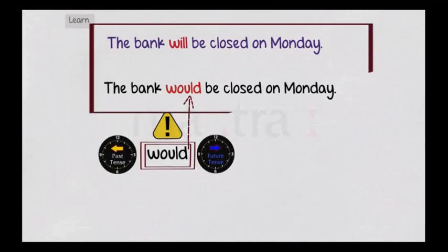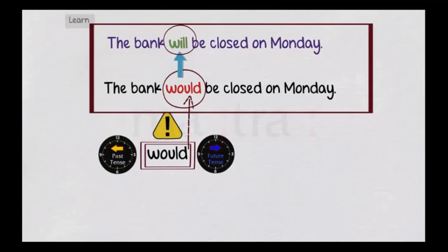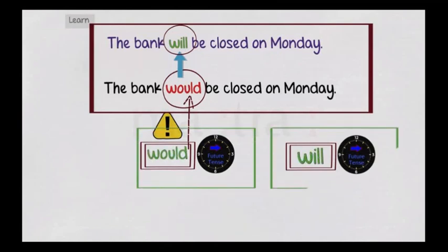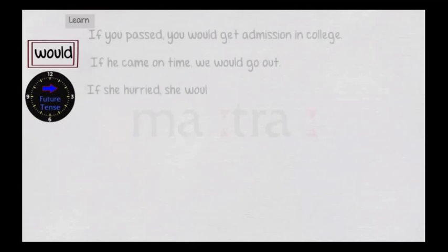And that is what makes it wrong when it is used to replace will, which is only for the future tense. So, when do we use would and when do we use will in the future tense? We use would in the future tense when we speak about something that has not actually happened, and the sentence is often used with the word if.